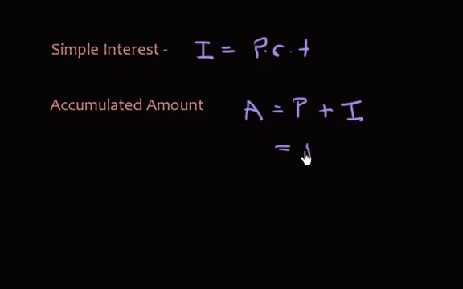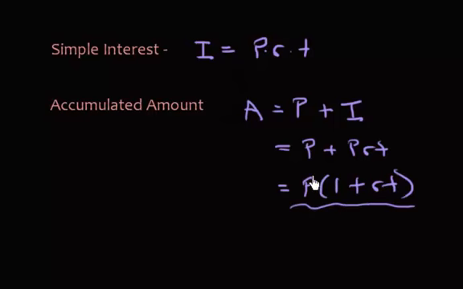Now, we can change this around a little bit, and instead of using I, we use PRT, because that's the formula for interest. And if you're familiar with algebra, notice that both these terms have a P. You can factor that out, and what's left is P, and then in parentheses 1 plus RT. So that's another formula for accumulated amounts, but you can also use this one up here.